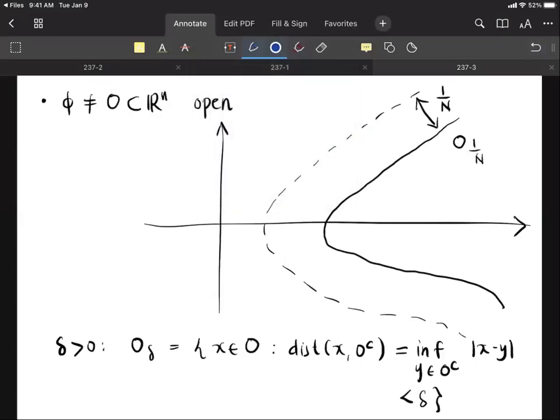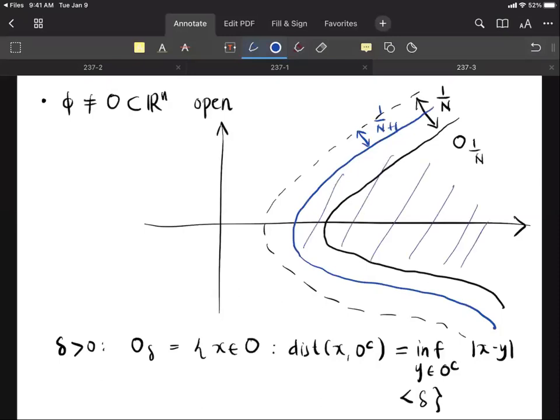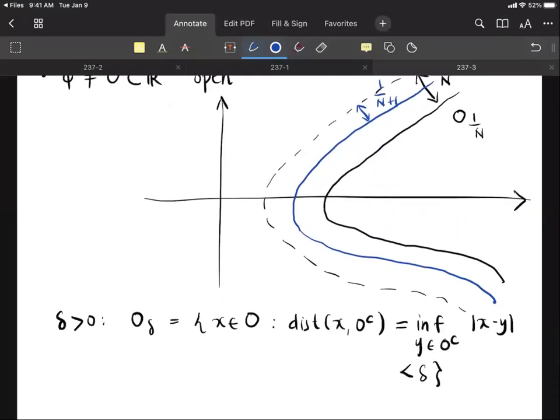Let's say in this part, the distance is 1 over n plus 1. And now this region here, which includes the closed set O sub 1 over n, is now O sub 1 over n plus 1.